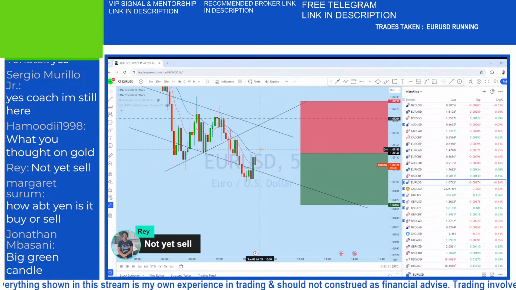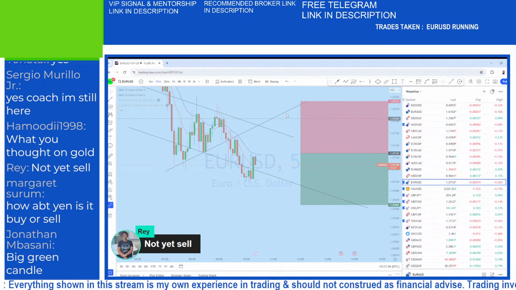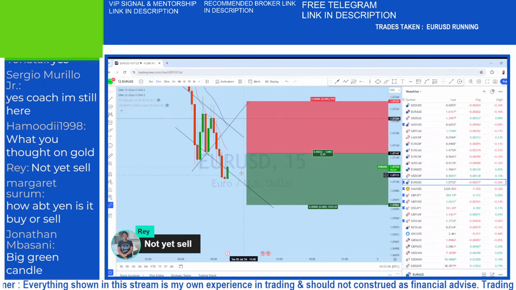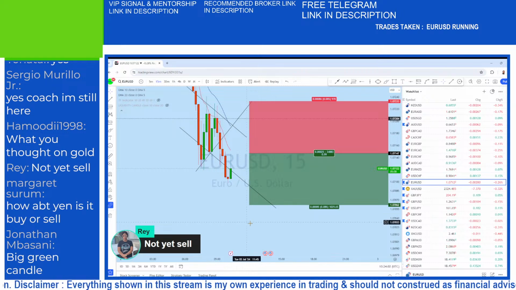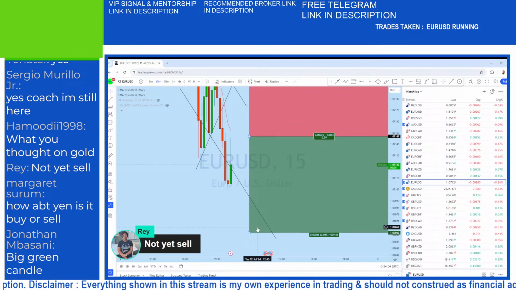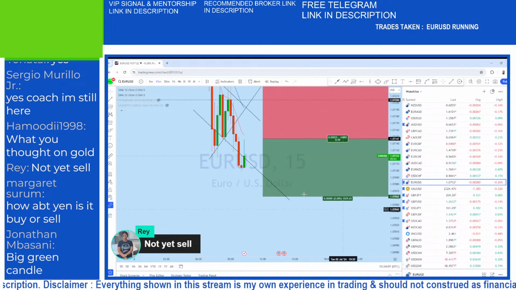All right, guys. So euro dollar, wanting to see that it's managed to break below to create a new lower low. If it drops down below, we will be able to see the price hitting the TP target.